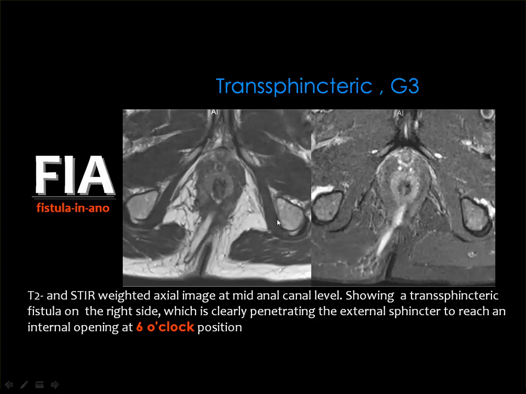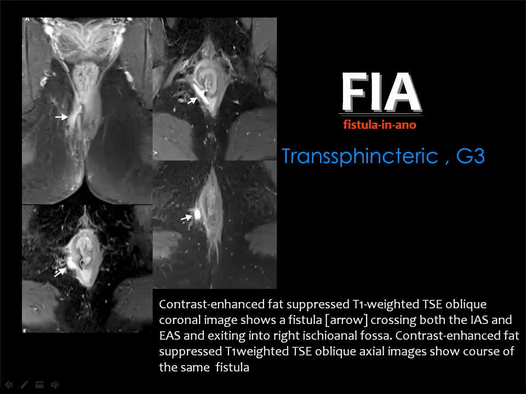The tract will show bright signal in the T2-weighted image due to the presence of inflammatory collection, and it will enhance after injection of contrast. And you are sure now that this tract does not contain abscesses, and this is a grade 3 transsphincteric fistula.